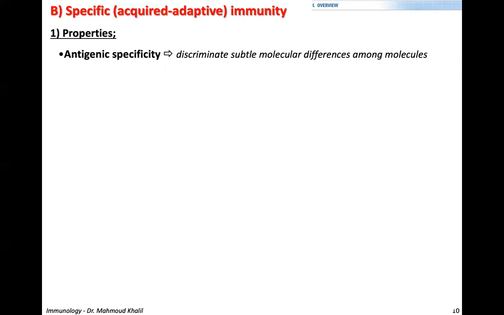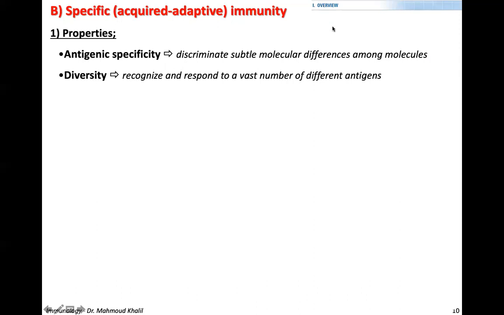So it can differentiate between two invaders. As well, our immune system has diversity. So it can not only differentiate between different invaders, but it can generate a lot of defense molecules to recognize and respond to a huge number of different antigens. The antigen is the invader inside our body.